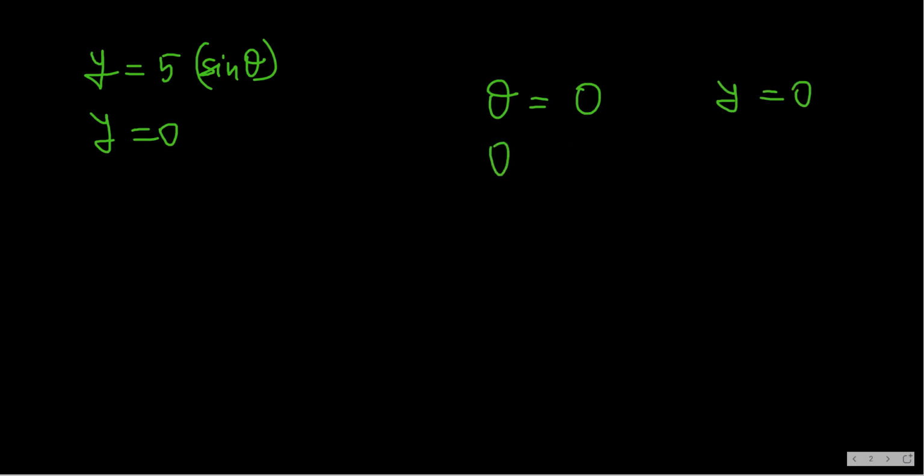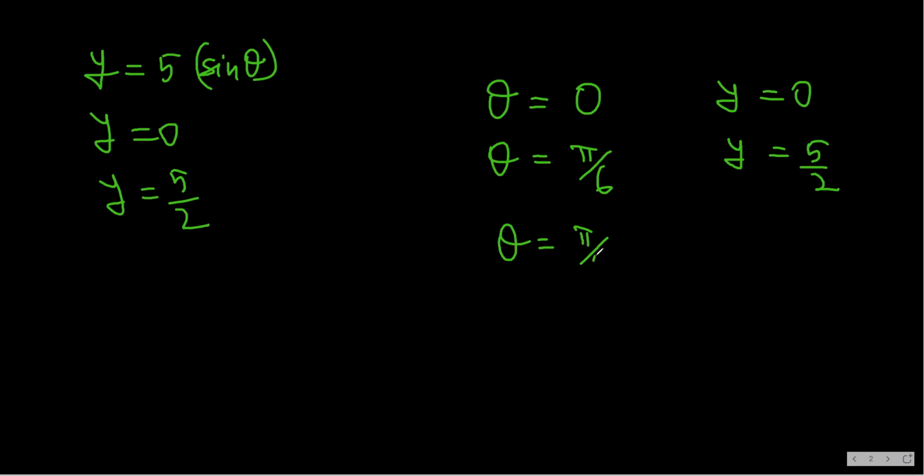Next, if theta is pi by 6, what will be y? Y will be 5 by 2, because sine pi by 6 is 1 by 2, so 5 into 1 by 2. So y equals 5 by 2. If theta equals pi by 4, y will be 5 into 1 by root 2, that is 5 by root 2.